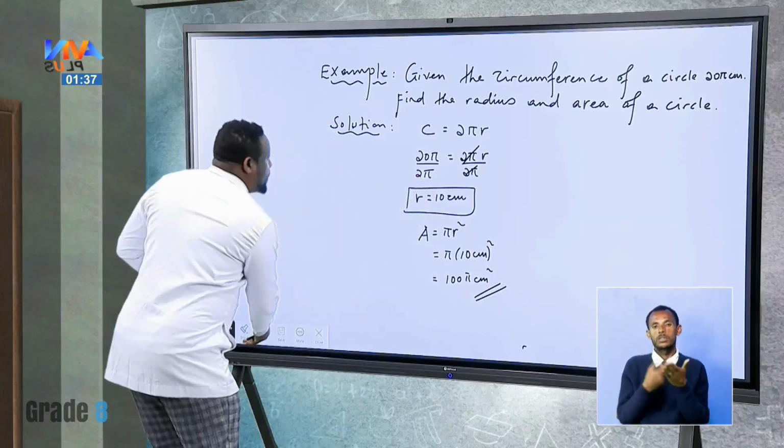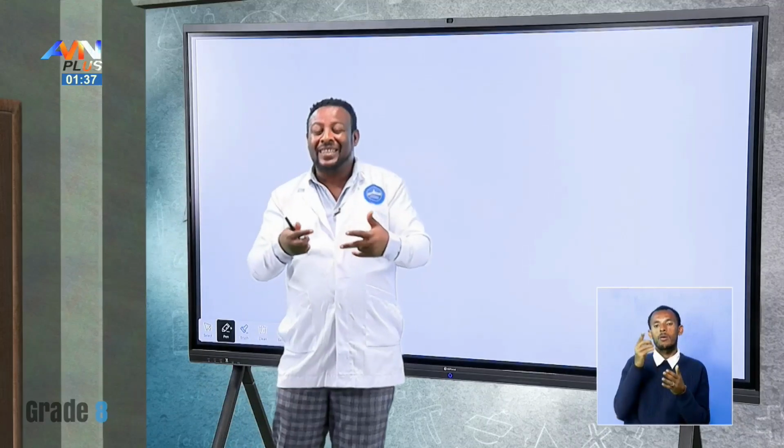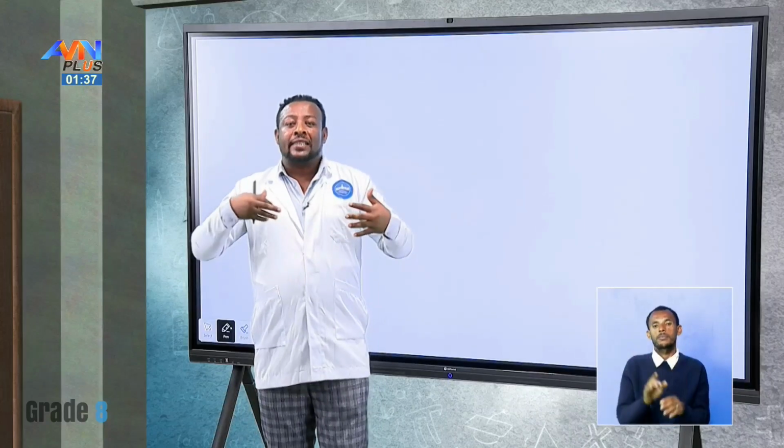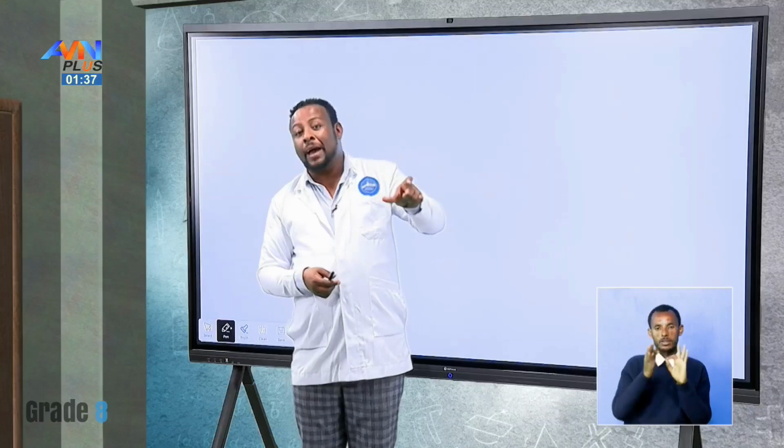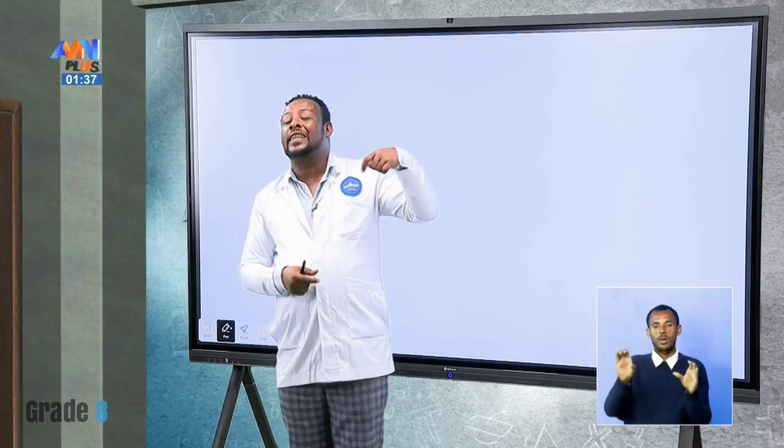This is enough regarding circumference and area, but you need to take one more point, that is the relationship between the radius and diameter. As I have said earlier, in our definition, we said that the diameter is the longest chord, and the longest chord or the diameter is twice the radius, okay?